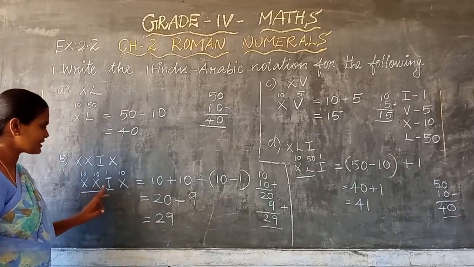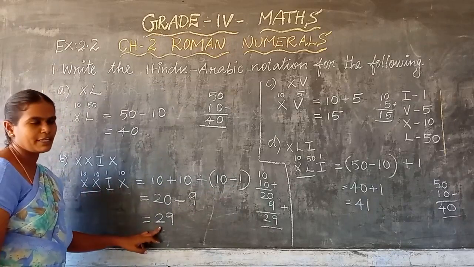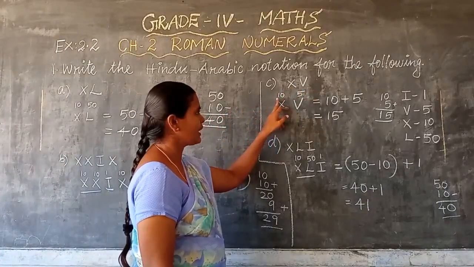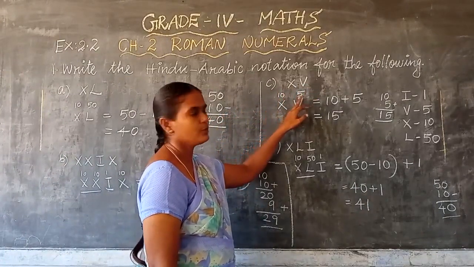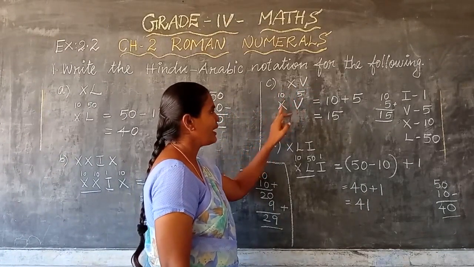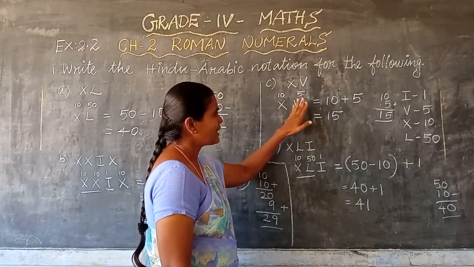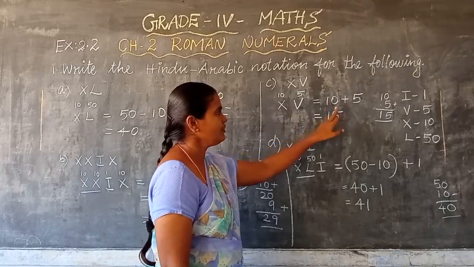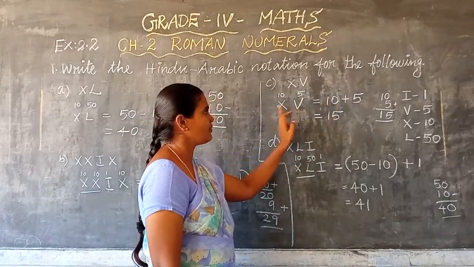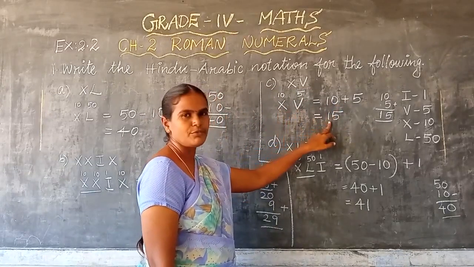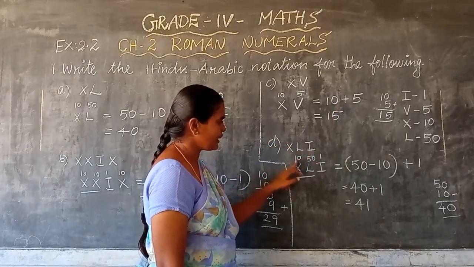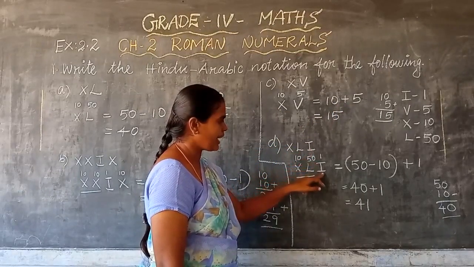So XXIX value 29. See here, X value 10, V value 5. So which is the greater number? X. Greater number, right side small number means addition. So 10 plus 5, 15. XV, value of XV is equal to 15. Here XLI, X value 10, L 50, I 1.